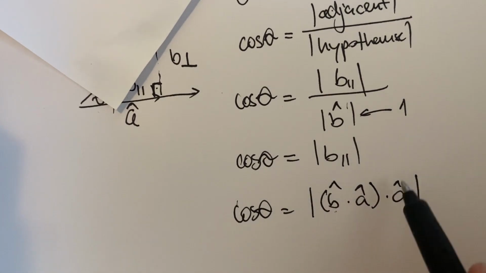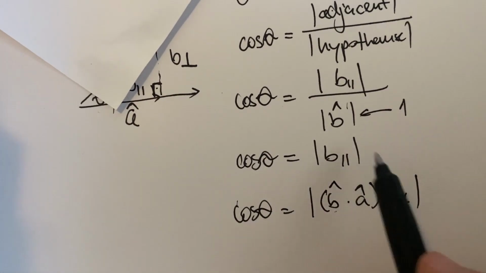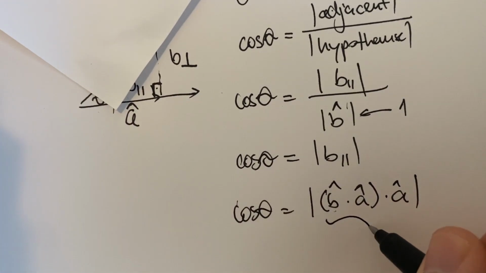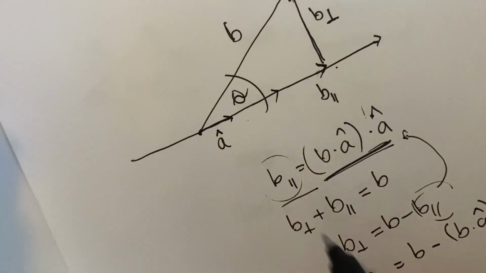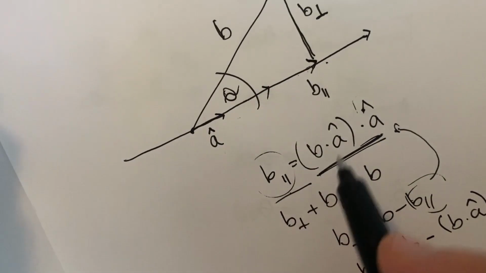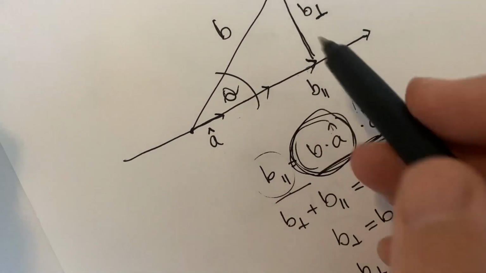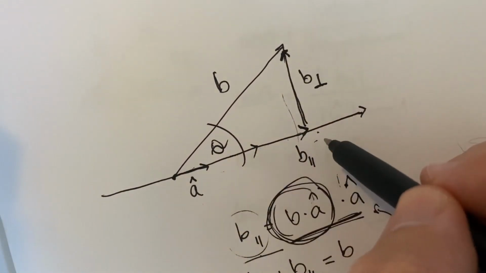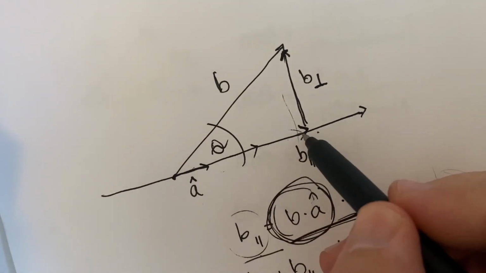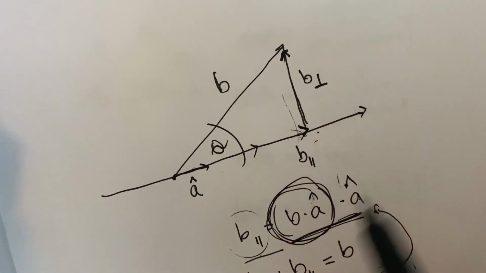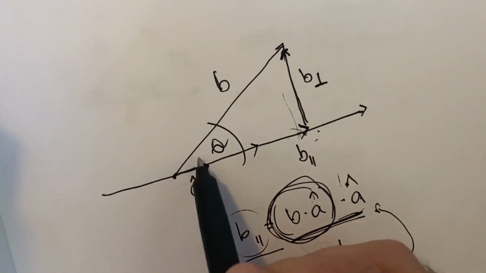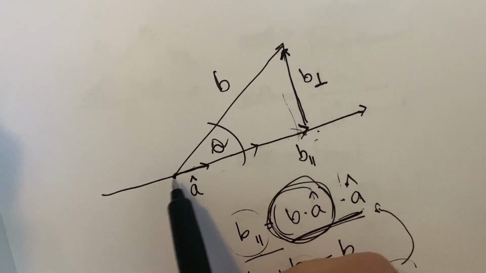The important thing to say is that this perpendicular component, the length of it, is the dot product of this vector onto this axis. We wanted to have the vector, not the length, so we multiplied it by this unit vector a. We basically scaled this up to get a vector, not a number.